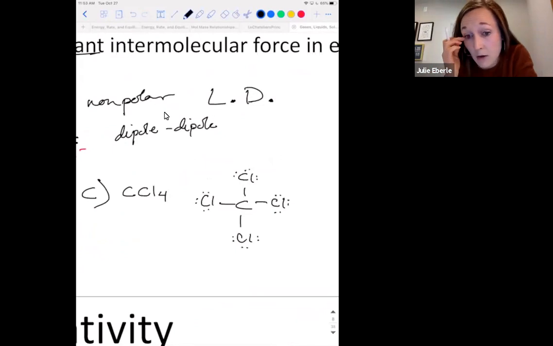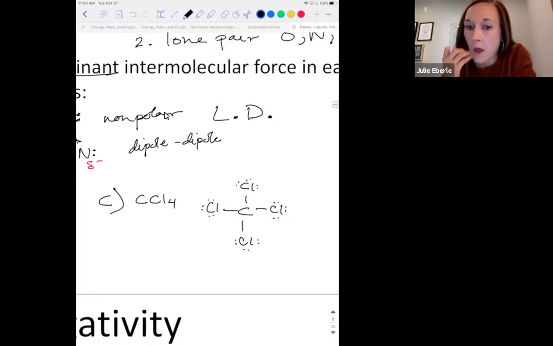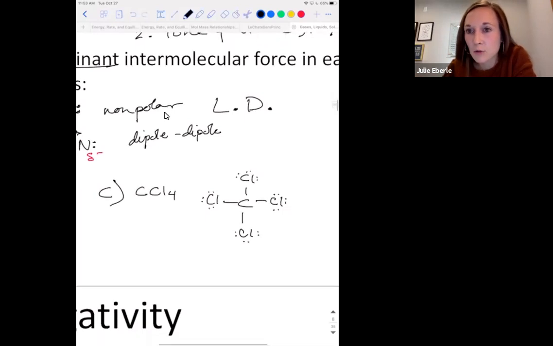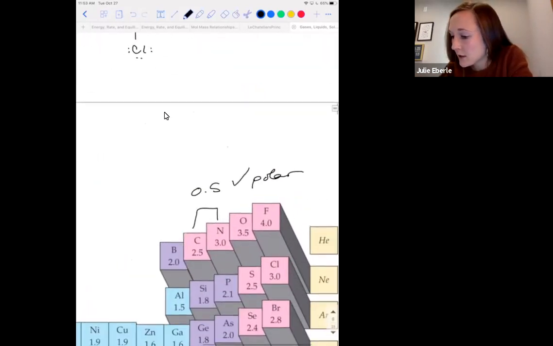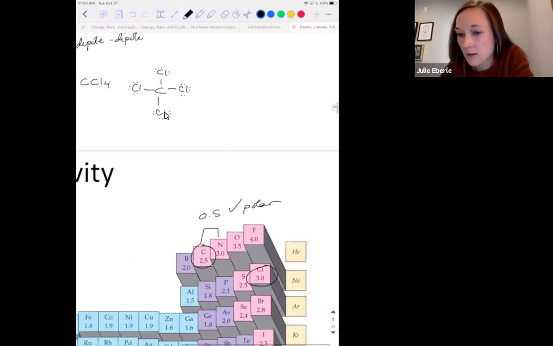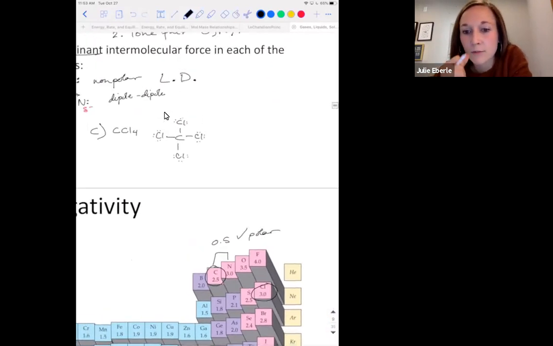What do y'all think about this molecule, CCl4? Allison says nonpolar. Why? I'm pretty sure the carbon-chlorine bond difference is 0.5, so that's a polar bond, but why is the molecule nonpolar?